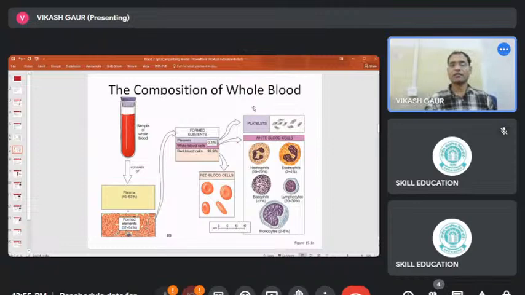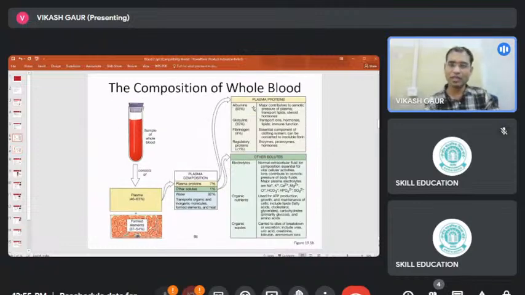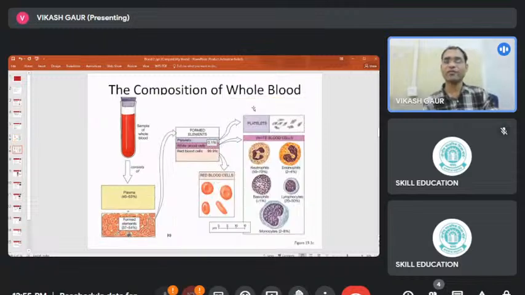This part shows the plasma composition of blood, and this slide shows the elements of blood components. The formed elements make up around 40% and consist of three main components: platelets, WBCs, and red blood cells, of which 99% consist of blood cells like this one.